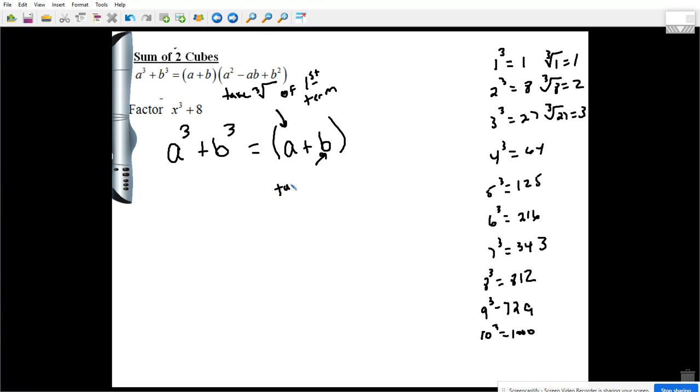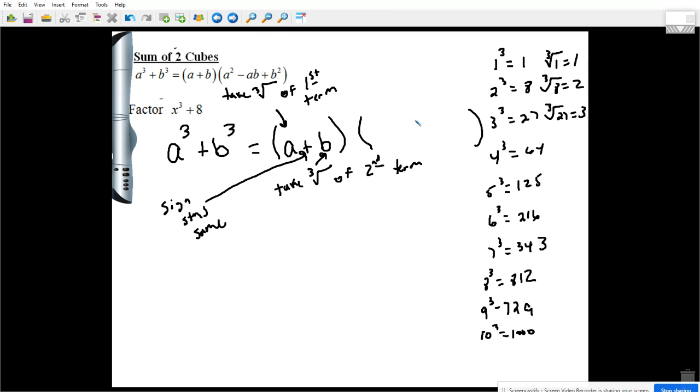I take the cube root of b, so we take the cube root of the second term. The sign is always the same. So we create a binomial with what we're given. Then I'm going to create a trinomial.